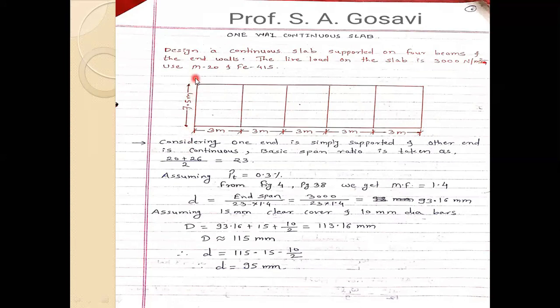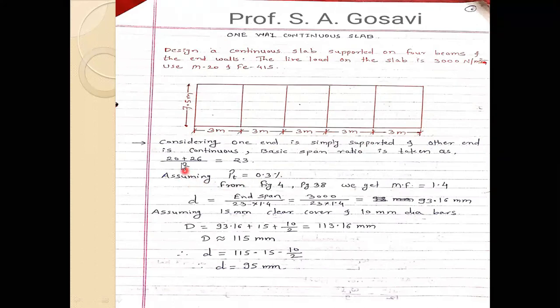And they have given that this width is 7.5 meter, and the center to center distance between each panel is 3 meter. In the exam, this distance may be the same, may not be the same. But generally, this distance is the same. That is why we have designed it as a continuous slab.